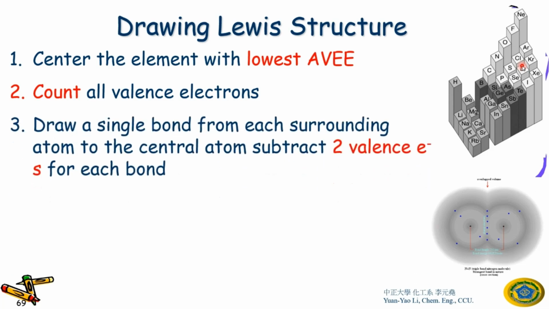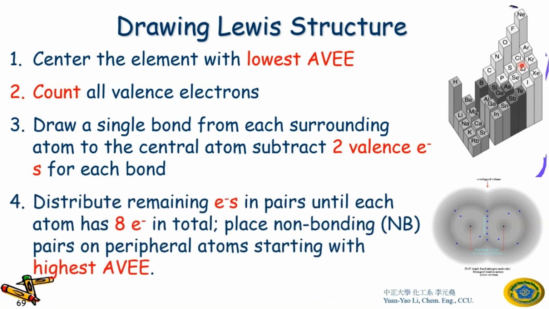Then step 3 is to draw a single bond from each surrounding atom to the center atom. Subtract 2 valence electrons for each bond. You know, one bond requires 2 electrons, so you have to subtract 2 valence electrons for each bond.